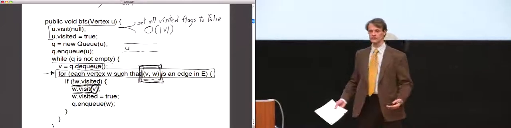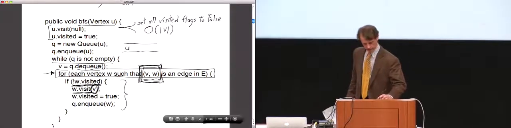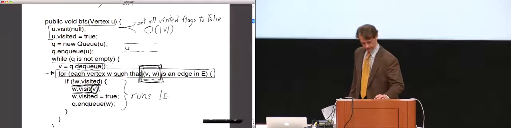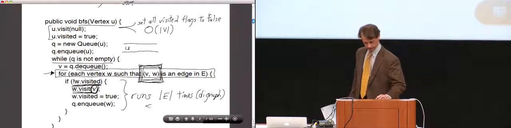But we're going to visit each edge a constant number of times, so this inner loop runs E times in a directed graph, or it runs at most 2E times in an undirected graph.